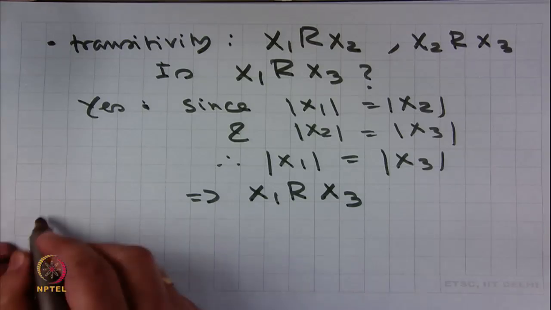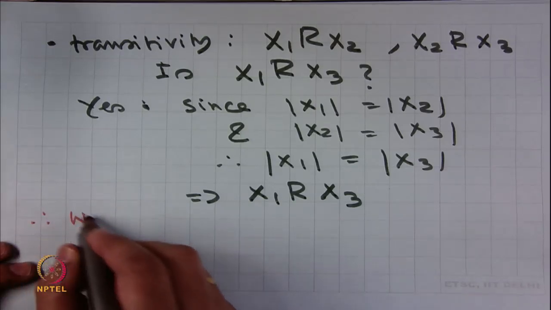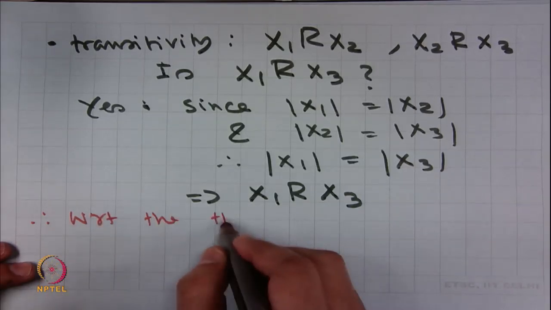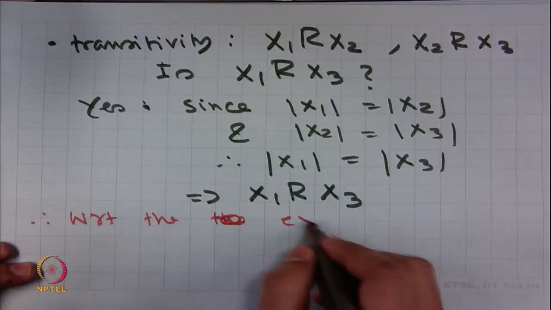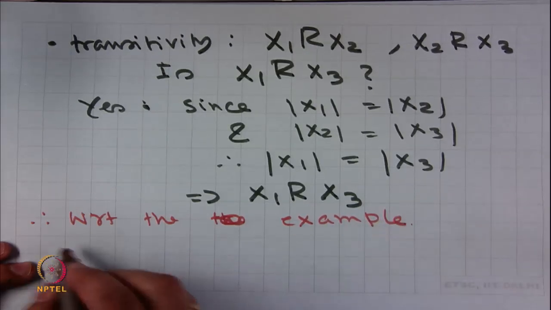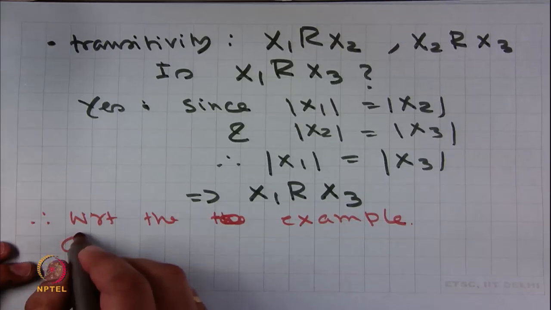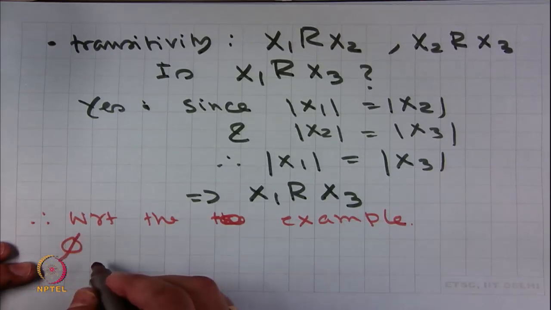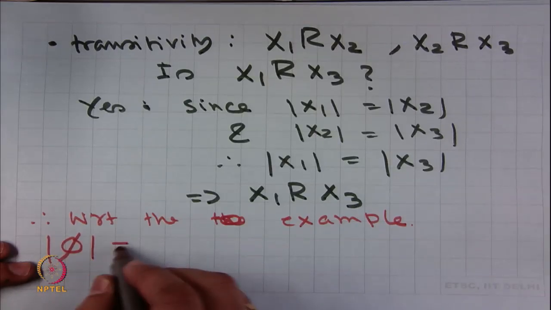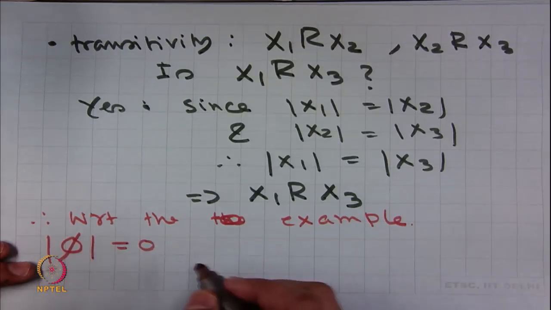Therefore, with respect to the example, we get that phi is not related to any other set, since cardinality of phi is 0.